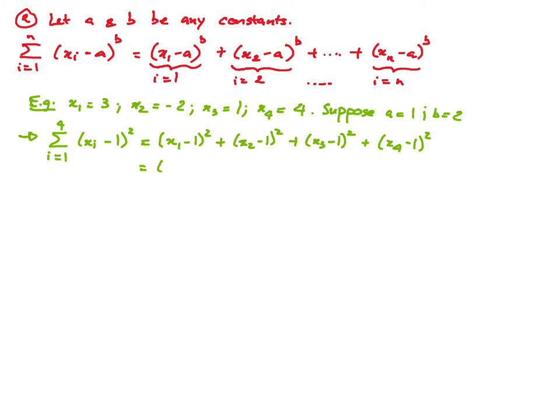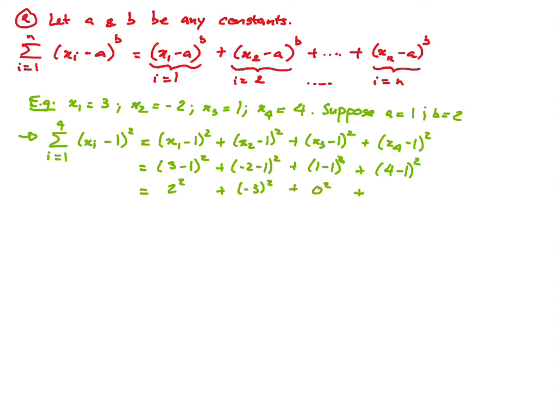So you plug in numbers. This is (3 minus 1) squared plus (negative 2 minus 1) squared plus (1 minus 1) squared plus (4 minus 1) squared. So (3 minus 1) squared is 2 squared. Negative 2 minus 1 is negative 3, so this second term becomes negative 3 squared. 1 minus 1 is 0, so this is 0 squared.